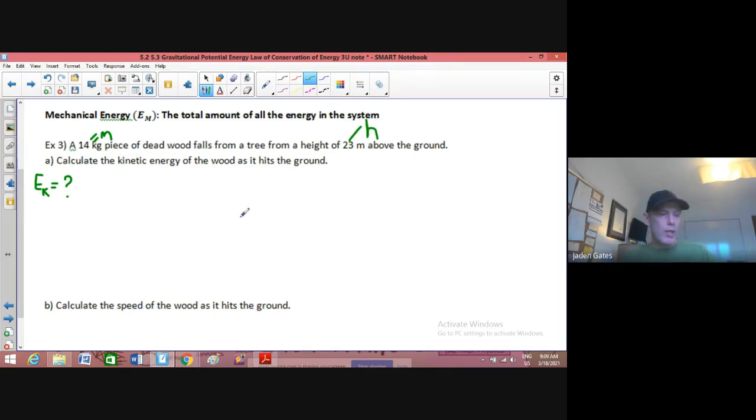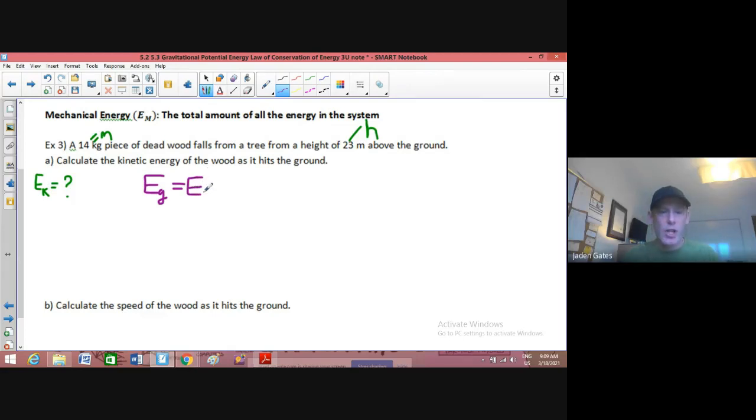Now, in this situation, what is happening is that the tree starts off at a certain height and it has a bunch of gravitational potential energy. Now, what happens is all that gravitational potential energy is then going to be converted into kinetic energy.